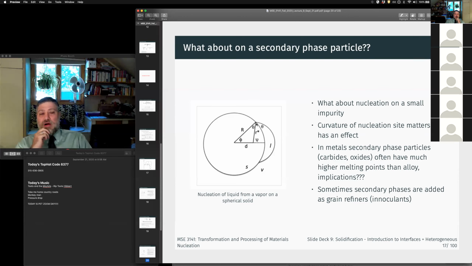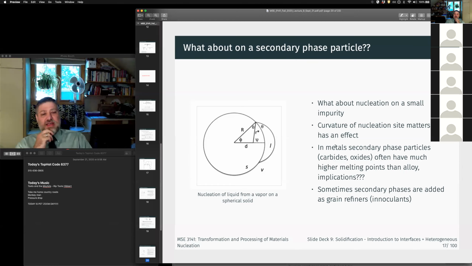But if we pick this inclusion correctly, it can still be a very easy process, right? If this solid liquid surface energy is very low, or in this case, for solidification, if the interfacial energy between our impurity and the substance that we're trying to solidify is really low, it still becomes really easy.